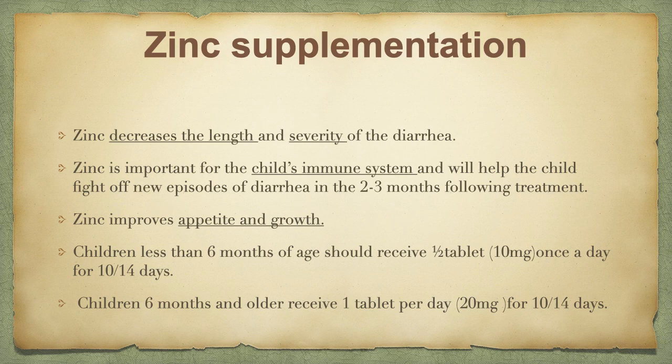Zinc also improves appetite and growth. Children whose age is less than 6 months should receive about half a tablet of zinc, which constitutes about 10 milligrams daily for about 2 weeks, while older children should receive 1 tablet per day for about 2 weeks.